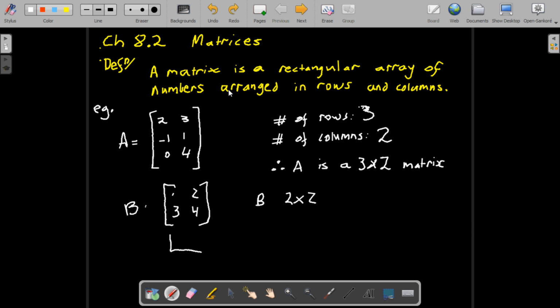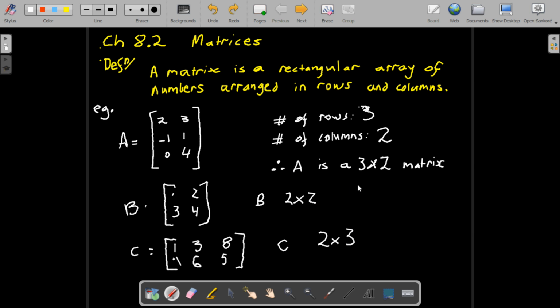And maybe we might have this one, 1, 3, 8, 2, 6, and 5. Just a random one. And this could be C. Matrix C has 2 rows and 3 columns, so that'll be 2 by 3.